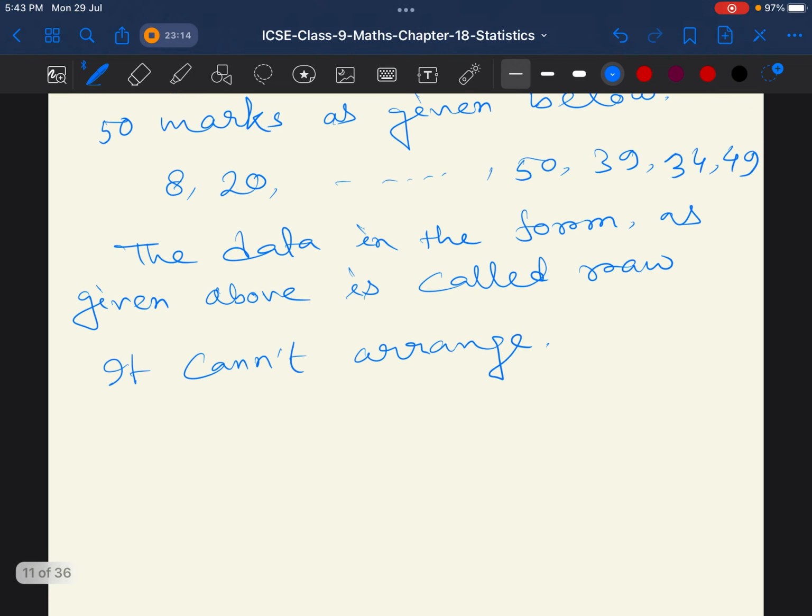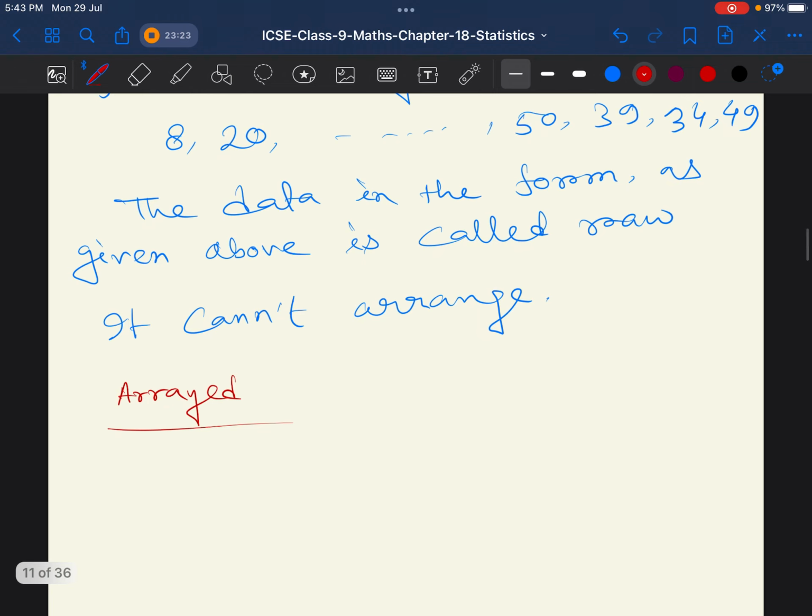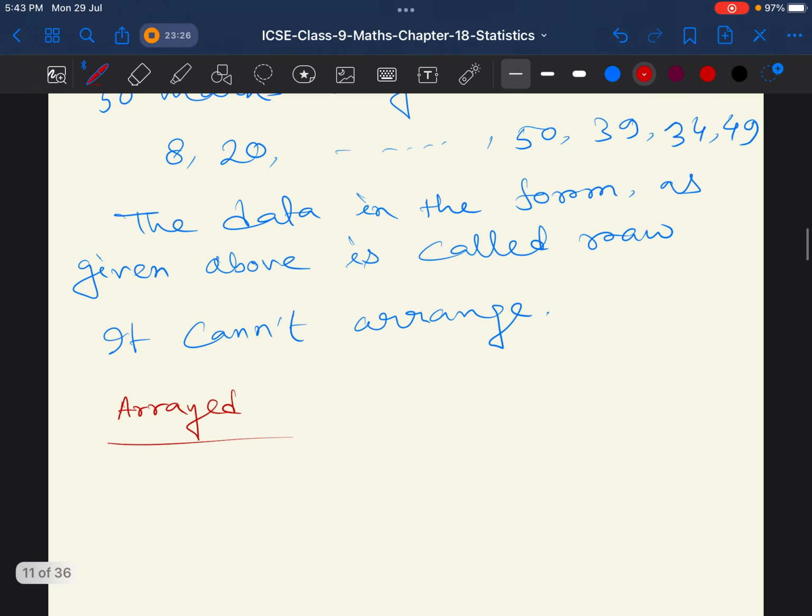Now arrayed. What is arrayed? If the above data is arranged in ascending or descending order, it is called arrayed data.